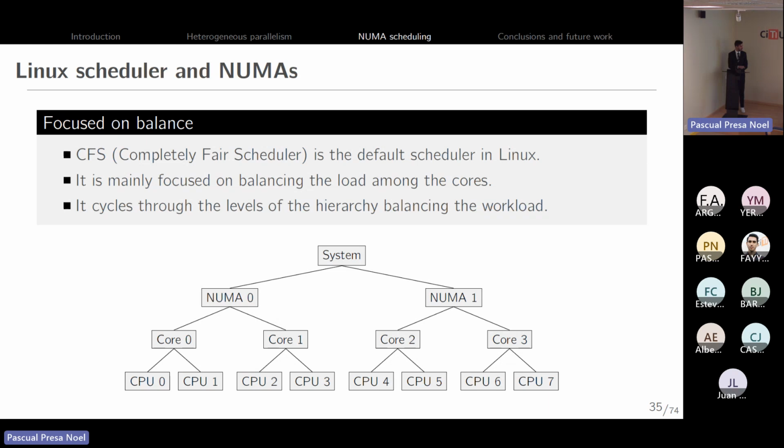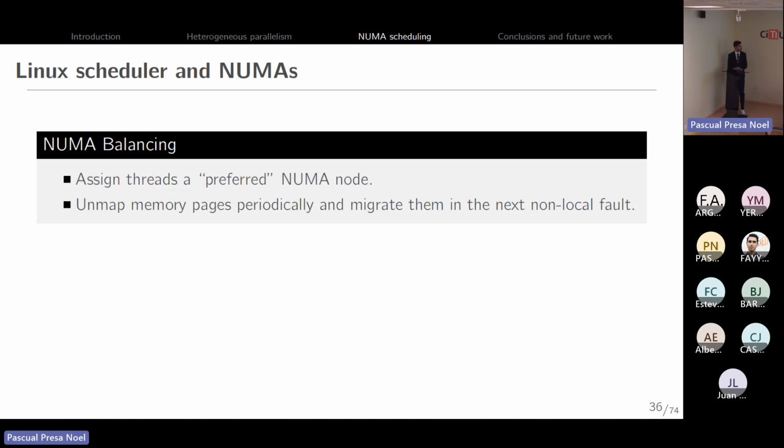It will start balancing the workload between logical CPUs, then distributing the workload among physical CPUs across NUMA nodes and across the whole system. And as we said, this algorithm just focuses on workload balance. To solve this, the community proposed a few kernel patches.